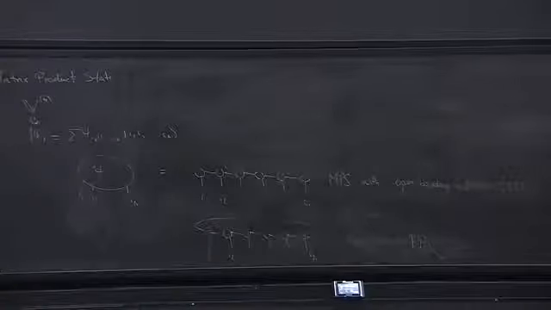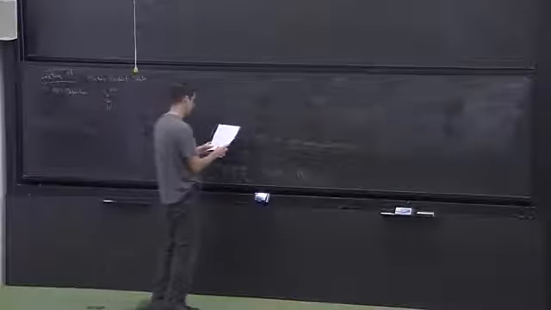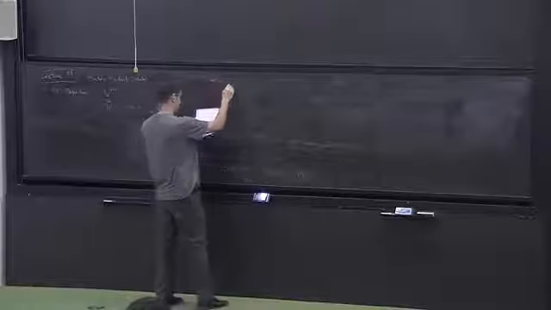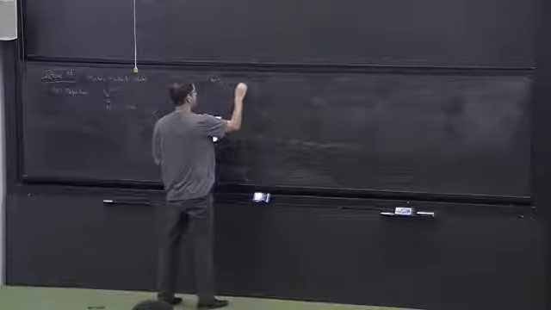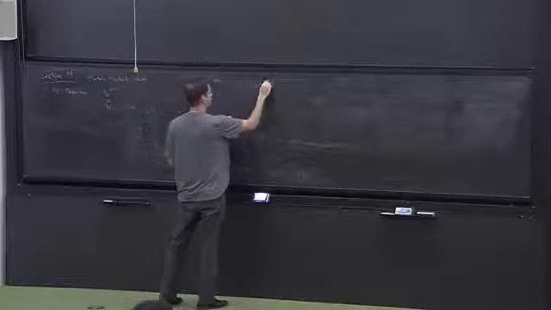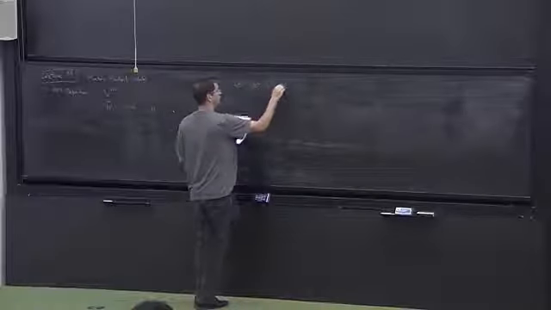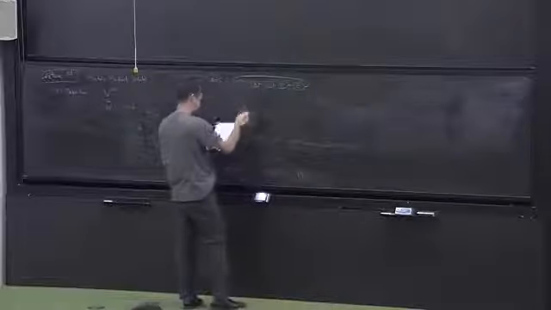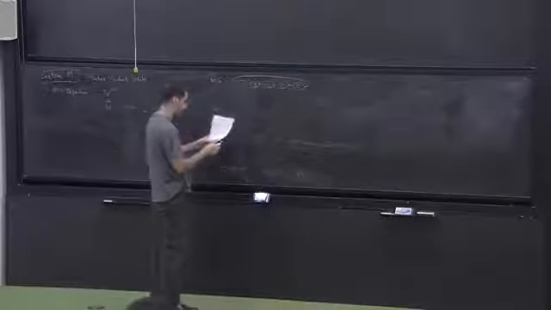Okay, and let's make sure that we understand what this is doing for us. So let's consider an example, n equal to 5. I'm going to give names to the tensors A, B, C, D, and E. Okay, and I'm going to consider this with periodic boundary conditions.